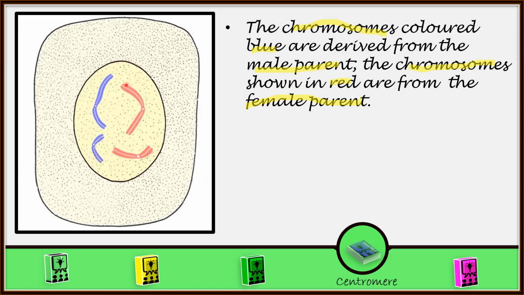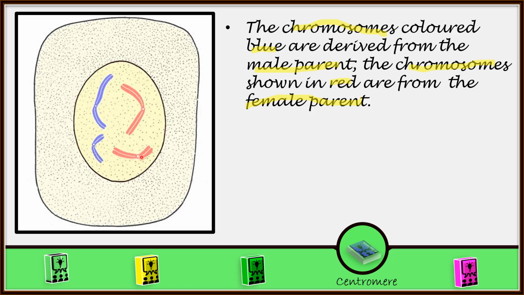And the chromosomes colored red, we shall say are derived from the female parent. And this is a sister chromatid. You can see that point we shall now denote by a knot in the center. That's where the chromatids are touching each other, holding themselves together. So that is the centromere.